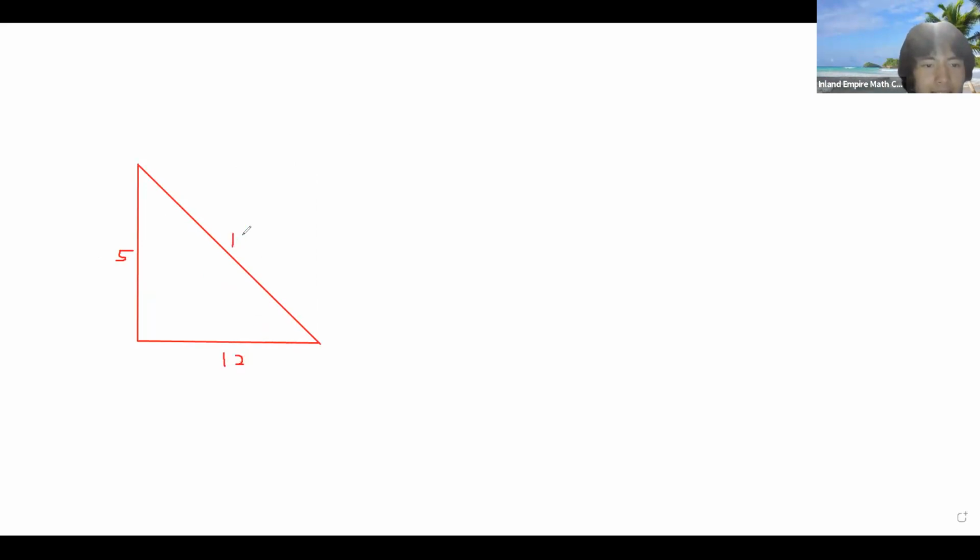I know this doesn't exactly look like 12 compared to 5, but just bear with me. This is a right triangle, and this is x. So now we want to find sine of x.